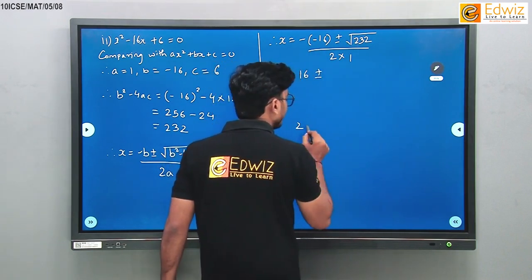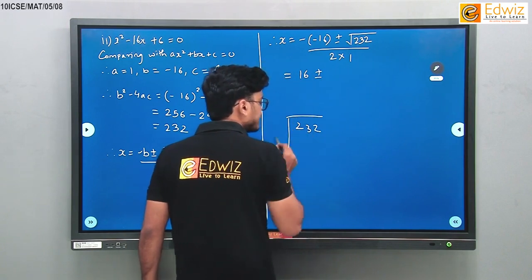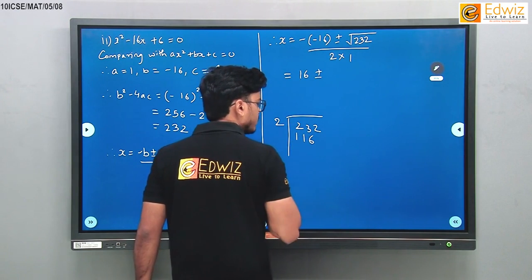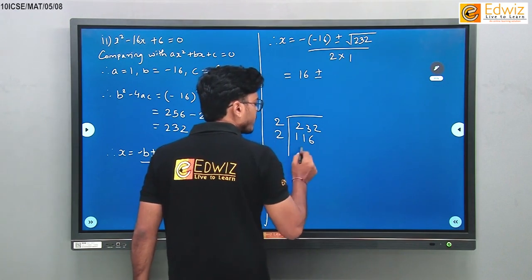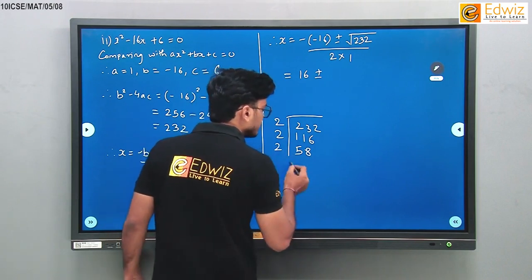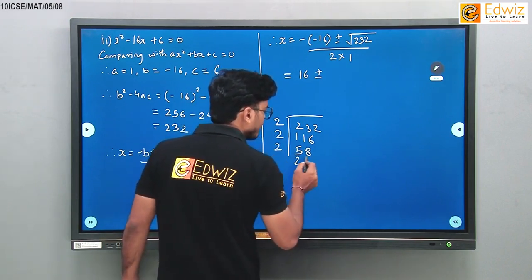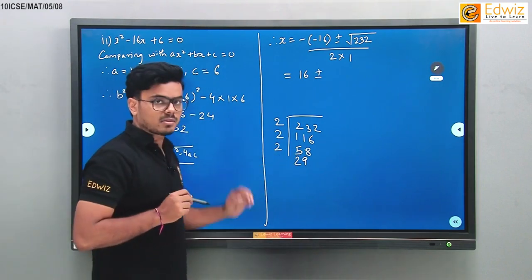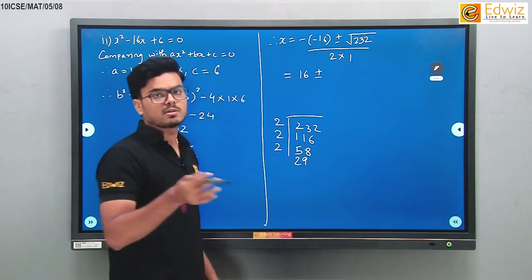Now 232, if we factorize it, okay, start with 2: 2 ones are 2, 2 sixes are 12. Again we will do it by 2: 2 fives are 10, 2 eights are 16. Again if we do it by 2, then we have 2 twos are 4 and 2 nines are 18. Okay, so 58 is the last term which won't give me further square roots.